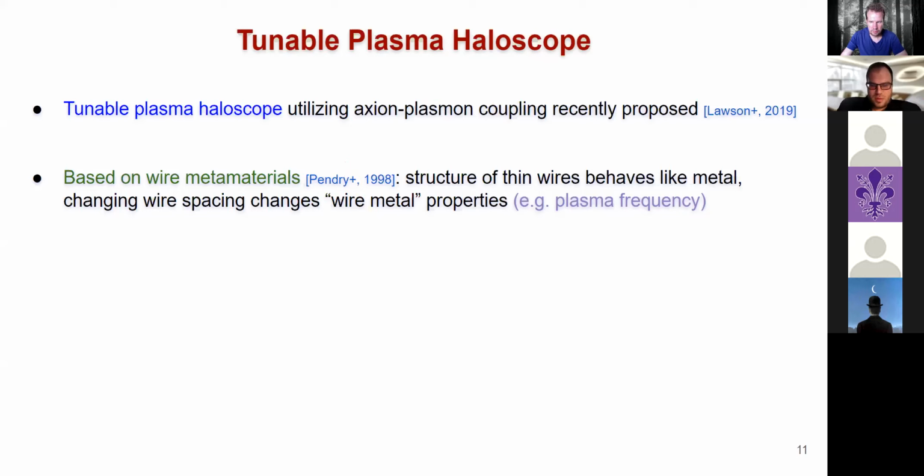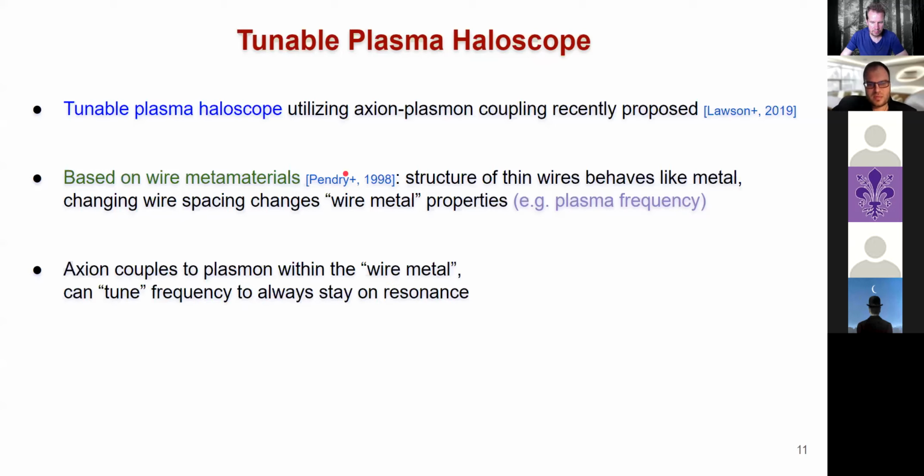And the interesting property here is that as you change the spacing of these wires, you effectively change the properties of this wire metal that you have, including such things as the plasma frequency. Okay. And what happens here is the axion couples to the plasmon within this wire metal, so effectively to the plasmon within this effective metal.